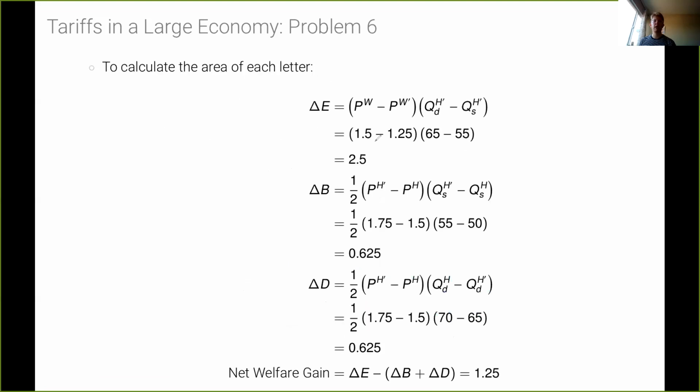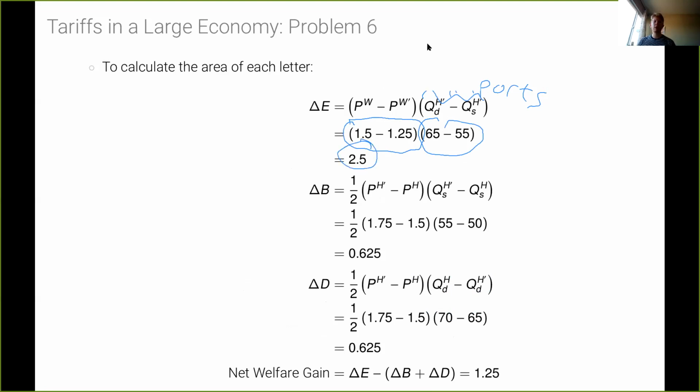Calculating that area, it's the difference in height between 1.5 and 1.25 and the total amount of imports. Calculating this out, we get that E has an area of 2.5.